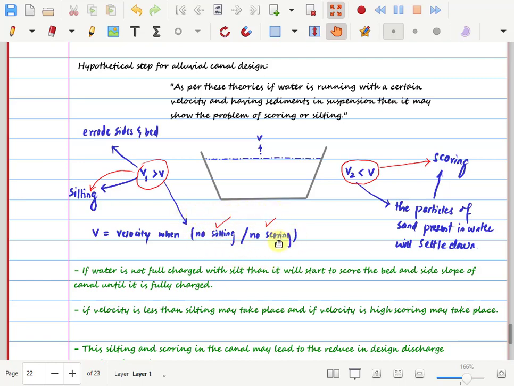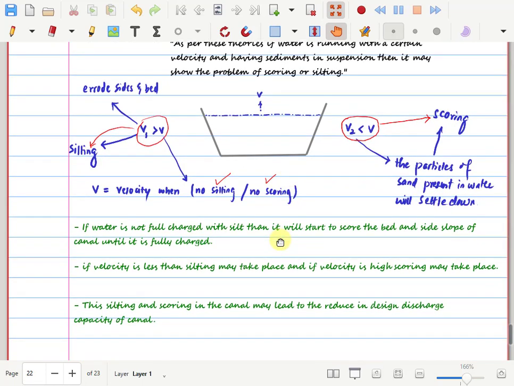So if your velocity is greater as compared to the velocity in the stable condition, then silting will occur, because if velocity is higher, it will erode your sides and bed. And if velocity is less as compared to the velocity in the stable condition, then scoring will occur, because the particles of the sand in the water will settle down.